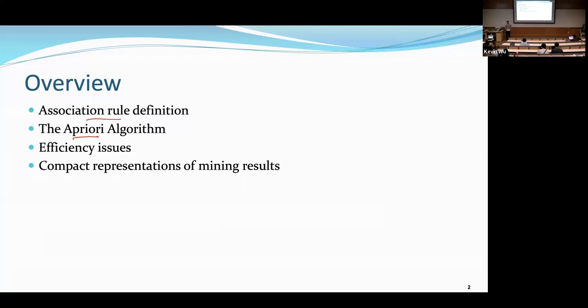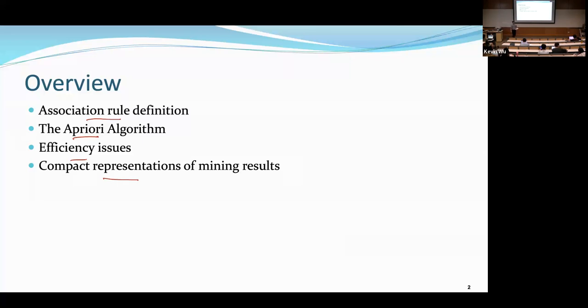This is called the a priori algorithm. And then we will discuss some of the efficiency issues of the a priori algorithm. In particular, we'll briefly introduce a few techniques on how the a priori algorithm can be made more efficient. And finally, we will talk about some compact representations of the mining results.